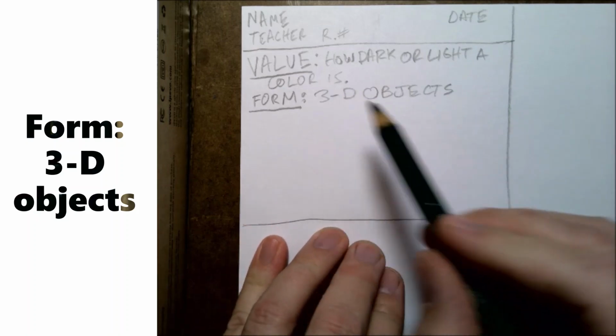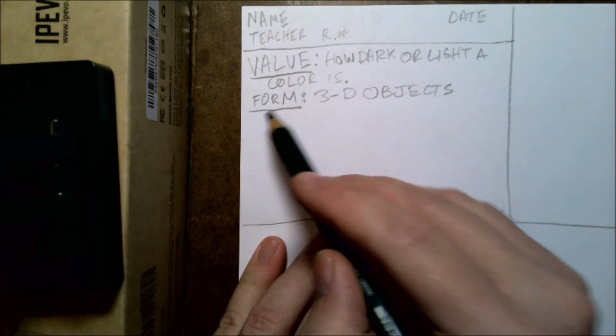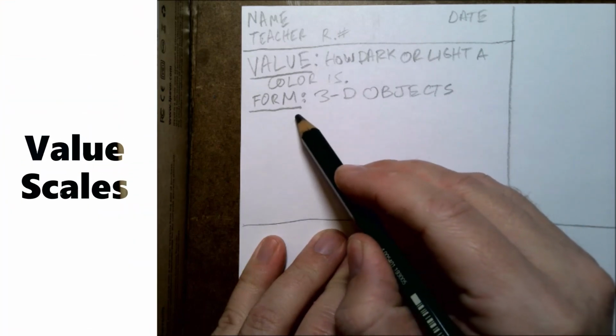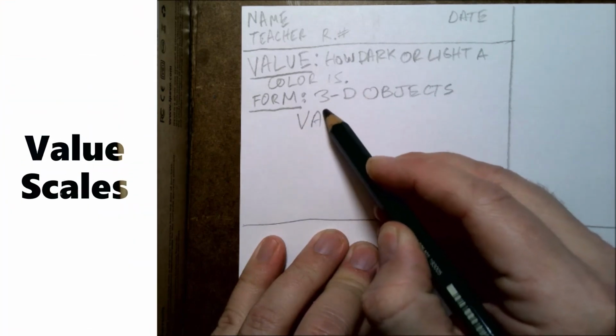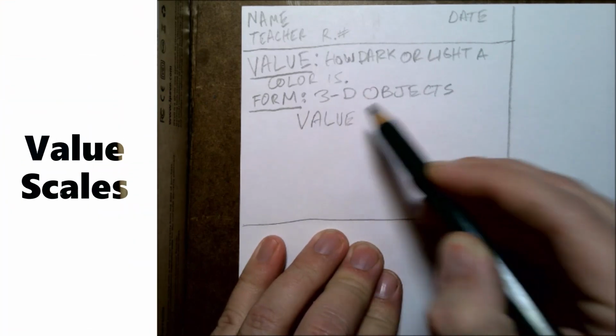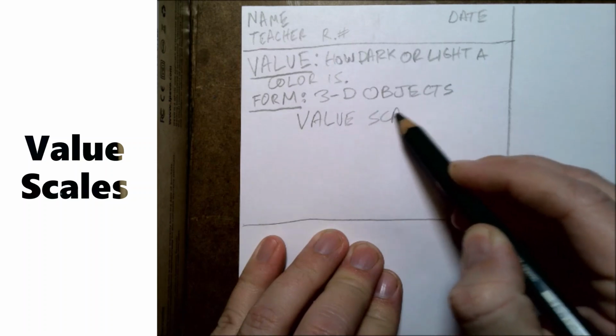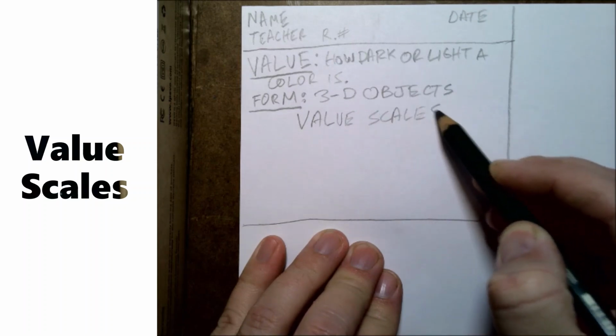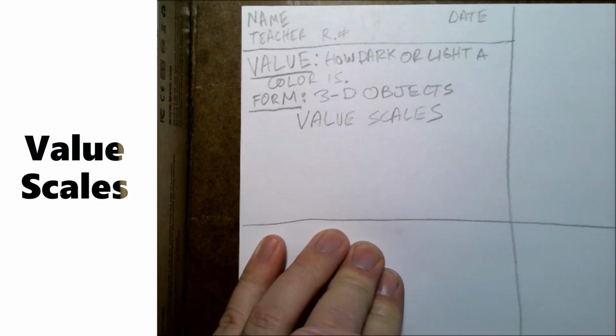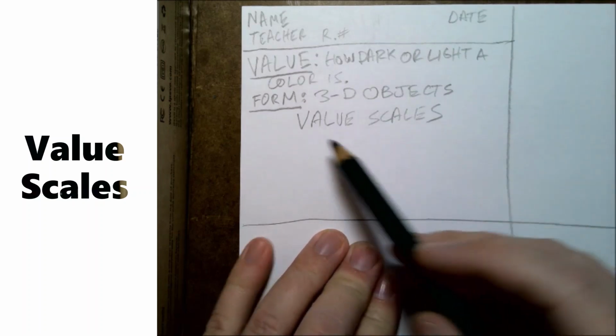Alright, so we're going to do some value scales. And I'm going to write that down right here. Value scales. And I should have enough room to do 2 of them right here.